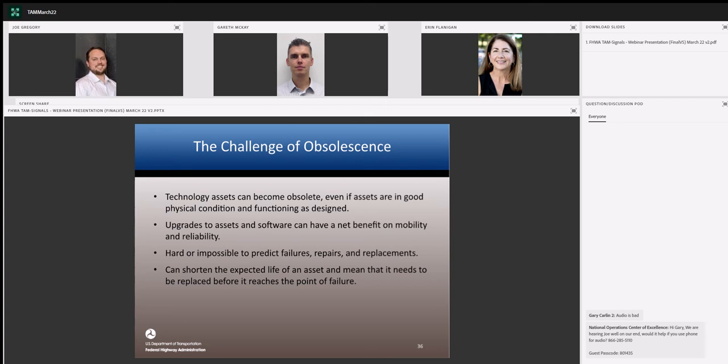And sometimes there's good reason for that. Sometimes it's due to the support that you're getting. And the other reason is because there may be a benefit in terms of upgrading things, because there is a net benefit to mobility and reliability.